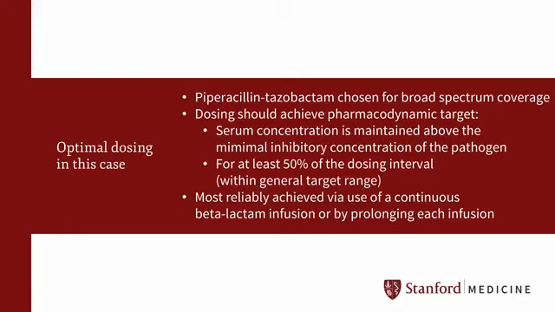The precise percentage required varies with regard to achievement of bacteriostatic or bactericidal activity, and also to some extent depending on the pathogen, but 50% is within the general target range. The likelihood of achieving this target, especially for susceptible organisms with minimal inhibitory concentrations at or near the breakpoint, is most reliably achieved by use of either a continuous beta-lactam infusion or by prolonging each individual intermittent infusion.